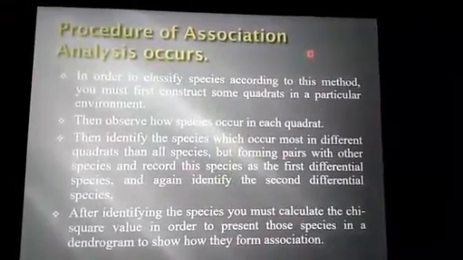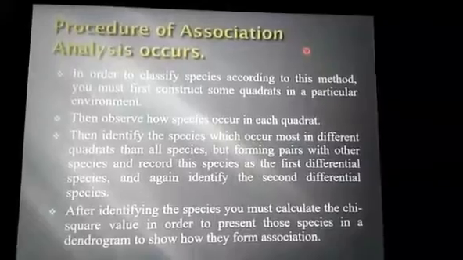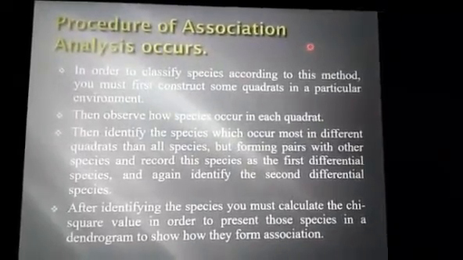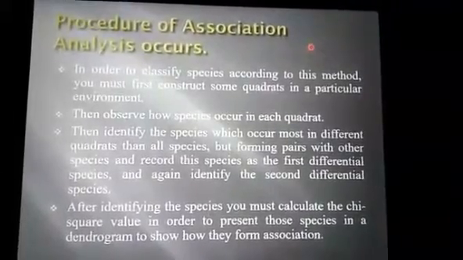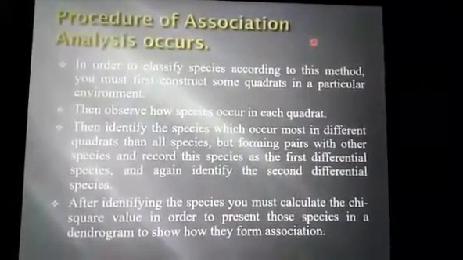After identifying the species, you must then calculate the chi-square value in order to represent those species in a dendrogram to show how they form an association.